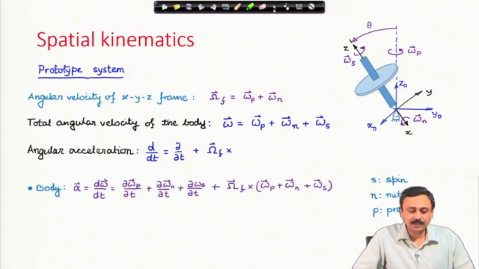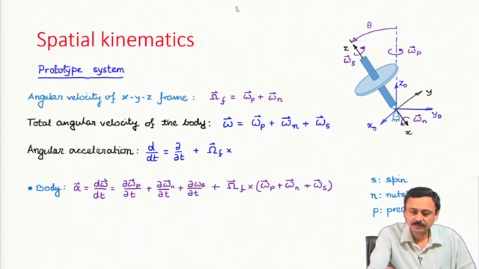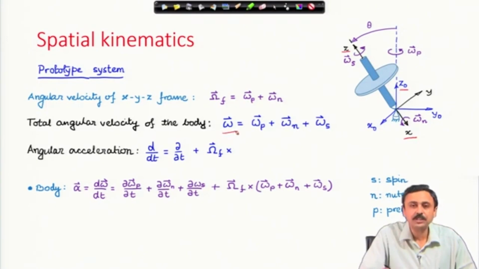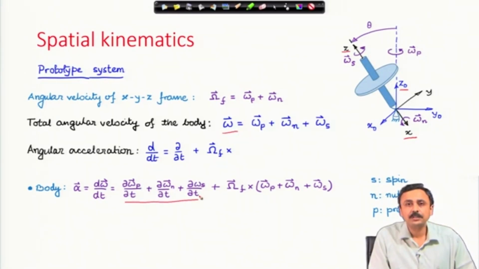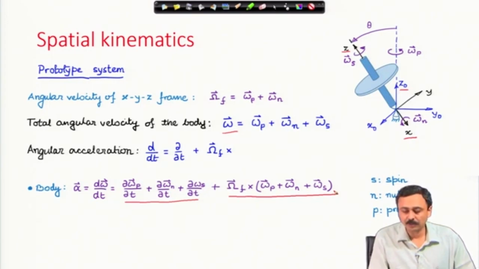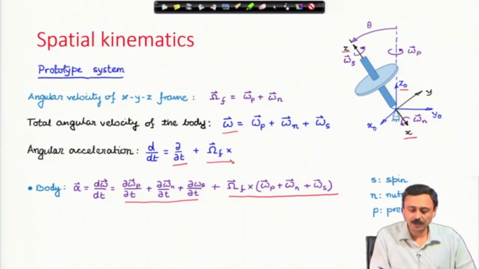Therefore, angular acceleration of the body will be given by d omega dt, the rate of change of the angular velocity. There are two terms: del del t is for the local derivative, and because of the frame rotation you have omega frame cross the total angular velocity vector.